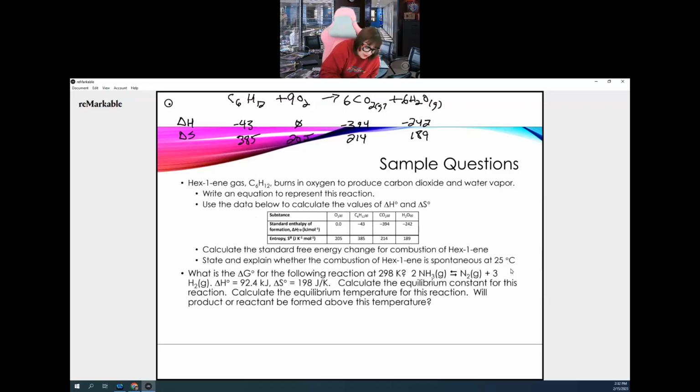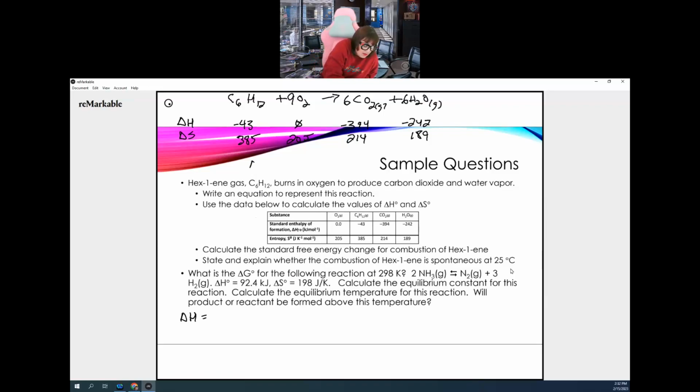So if I wanted to calculate delta H, it equals the sum of the stoichiometry times the values for each of the products minus the sum of the stoichiometry times the values for my reactants. That sounds really bad. I hope you know what I meant.